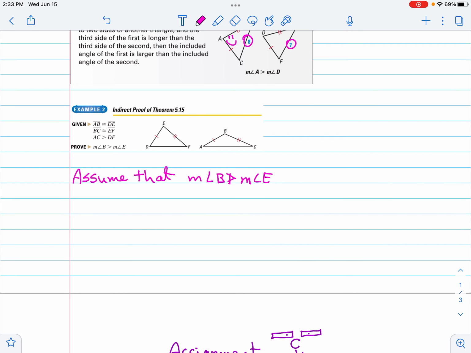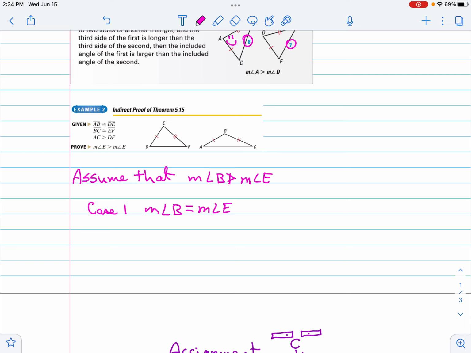Okay, so let's see what happens. Now there's going to be a couple of cases. Let's do case 1. Let's say that the measure of angle B is equal to the measure of angle E.